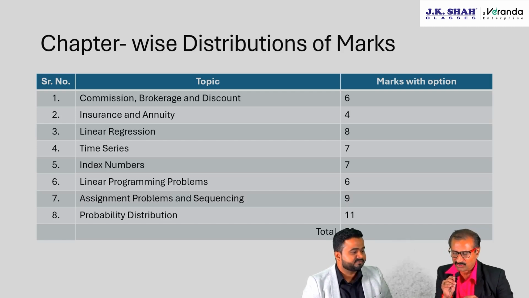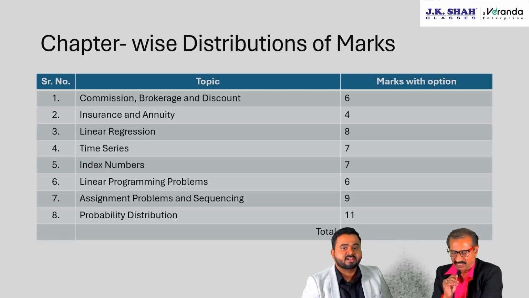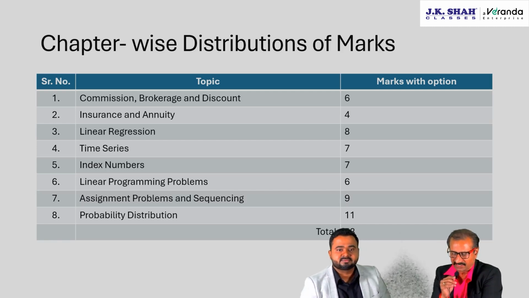See, based on the methods of measuring secular trends, the graphical method is there, the method of moving average, 3 yearly, 4 yearly and 5 yearly. So prepare 3 yearly, 4 yearly and 5 yearly moving average examples based on this chapter.